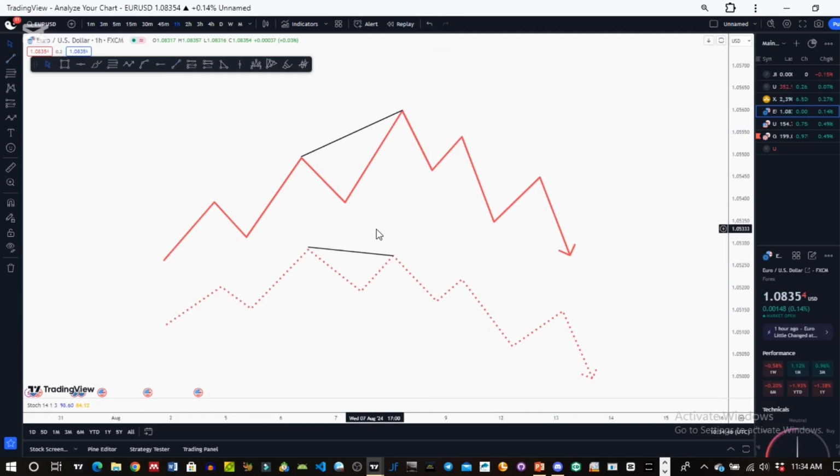Now for this, we could see that there is actually a divergence in the direction of the price and the direction of the indicator, all right? So what I'm trying to explain is that the normal bullish divergence is actually convergence, and the normal bearish divergence is a true divergence, all right? And this, whenever it occurs, is a signal that the trend is about to reverse.